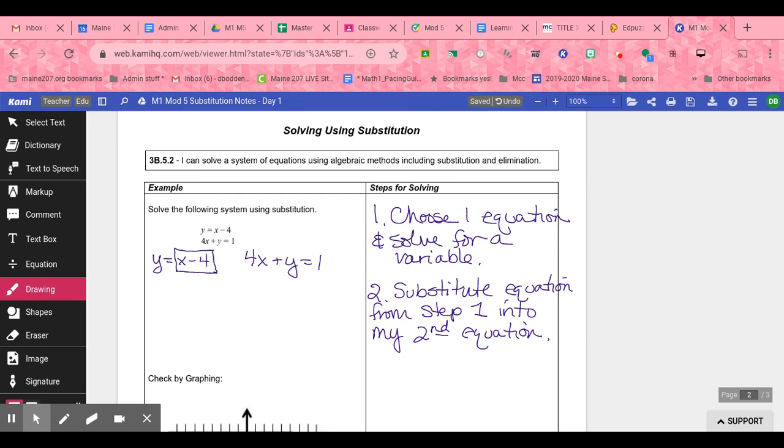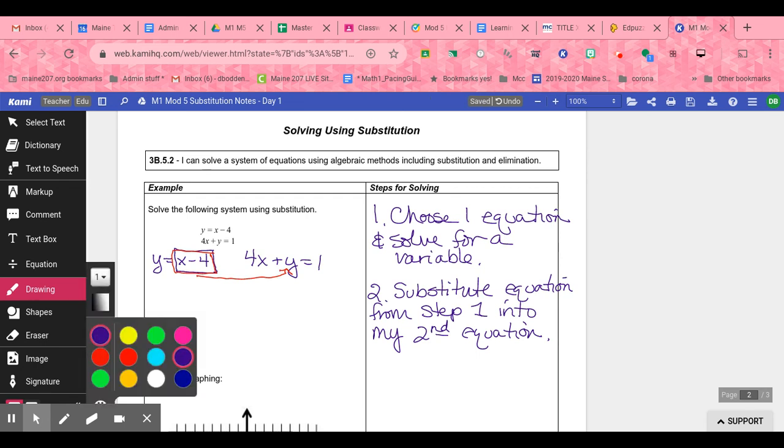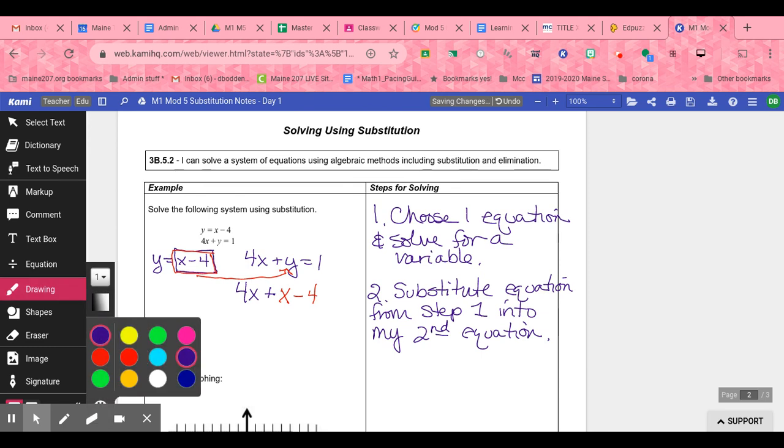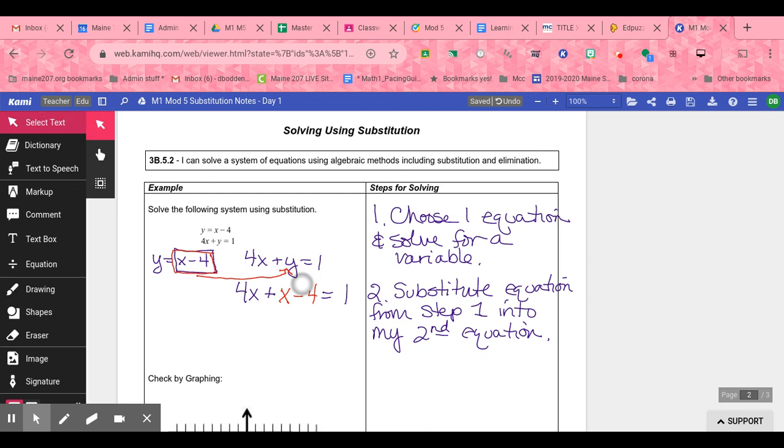So what I'm going to do is I'm going to take all of this x minus 4, bring it over here, and substitute it in for this y value. So when I do that, I get 4x plus, and you see what I'm going to do now is that y value becomes x minus 4. So you can see I substituted right here for this y value with that.